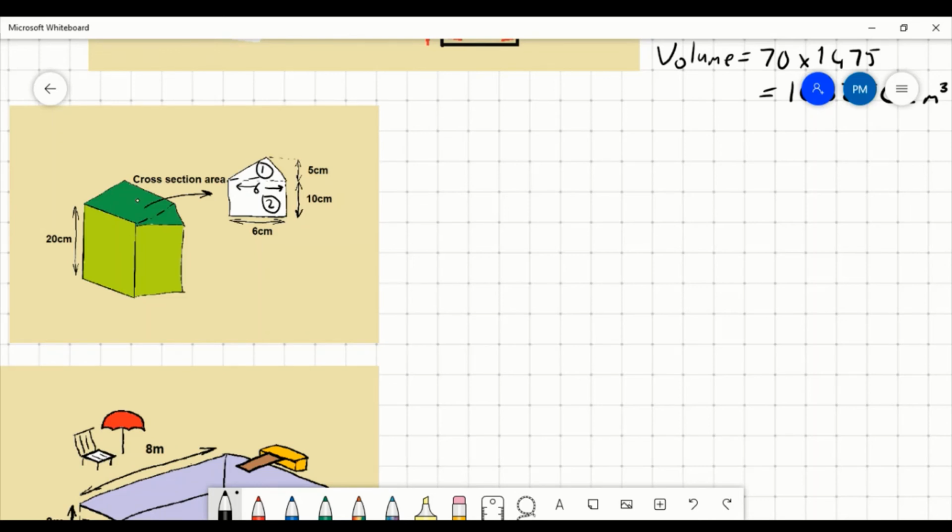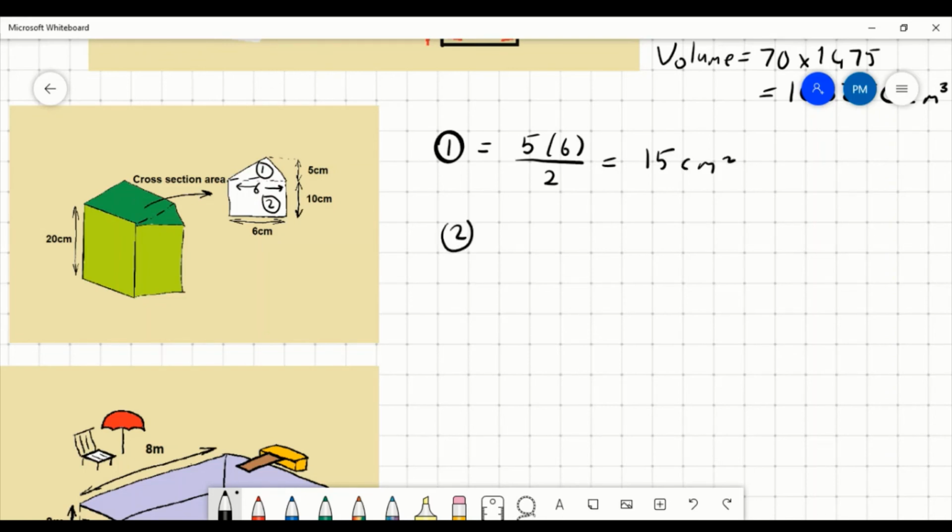So we're going to find our rectangle, find our triangle area, and then we're going to add the two of them together. So triangle 1 is going to be 5 by 6 divided by 2, which is going to be equal to 15 centimeters squared.